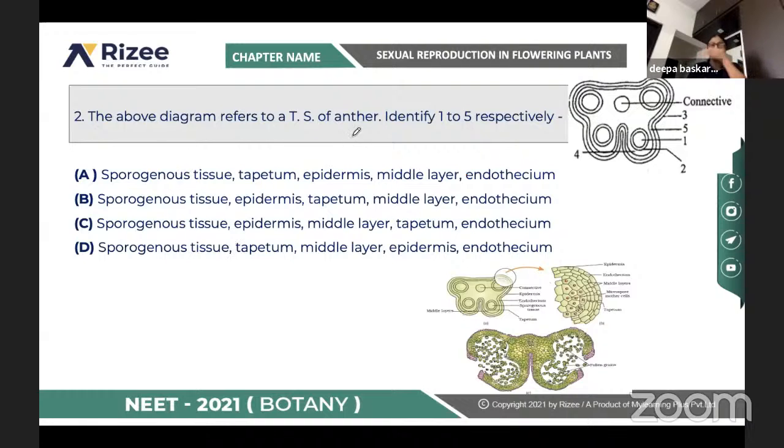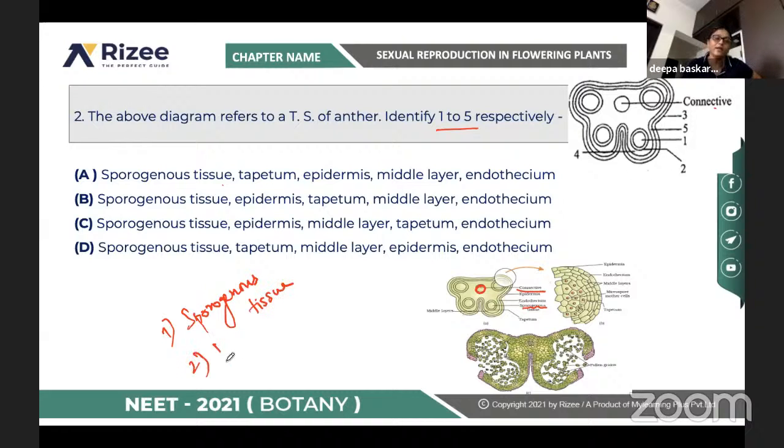And the second question: the above diagram refers to the TS of anther. Identify 1 to 5. This diagram is given in your NCERT book and 5 parts are to be identified. This is the connective. Number 1 here is sporogenous tissue. Number 2 is tapetum.